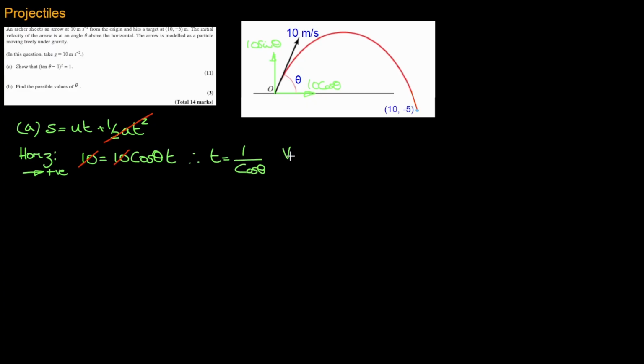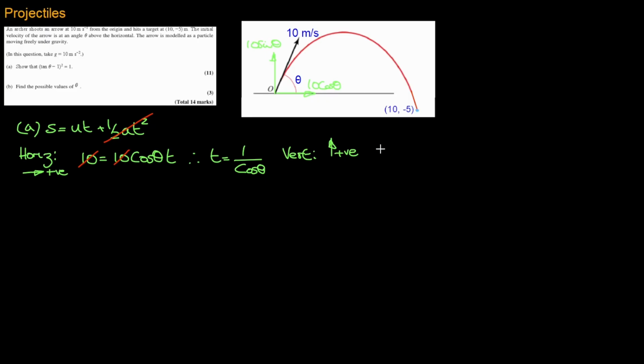So vertically, let's choose going up as positive. We're going to have to apply the whole of this equation because we have the acceleration due to gravity, which will be taken as 10 meters per second squared. Vertically, the displacement goes up in the air as a positive displacement, falls down, goes past 0 and eventually ends up as a negative displacement.